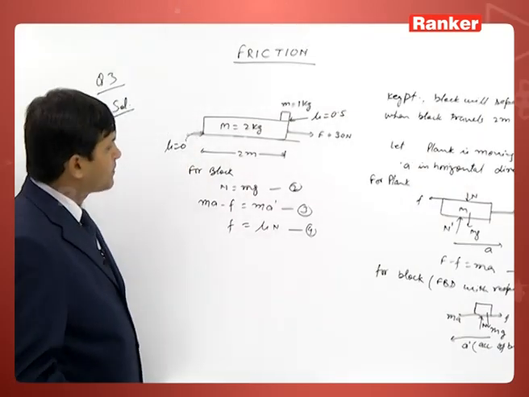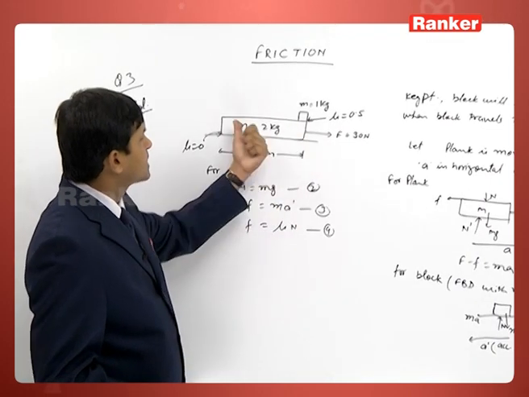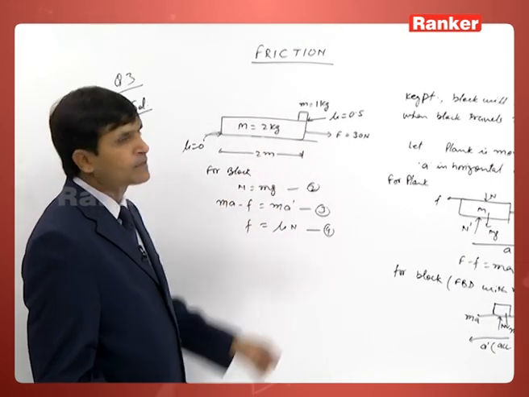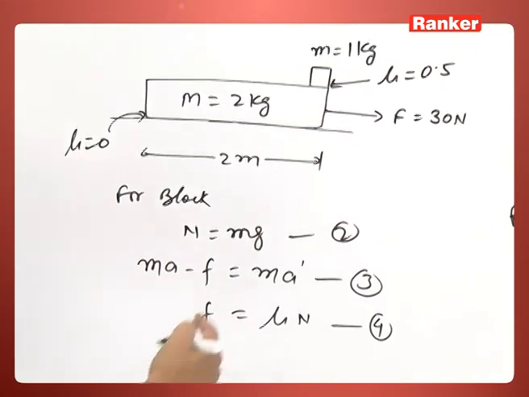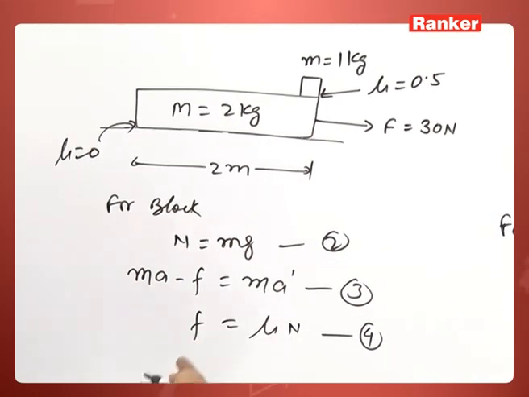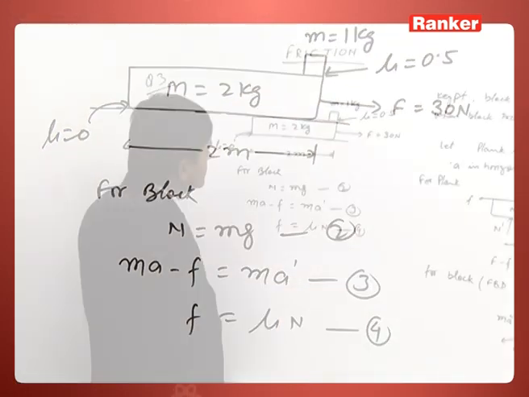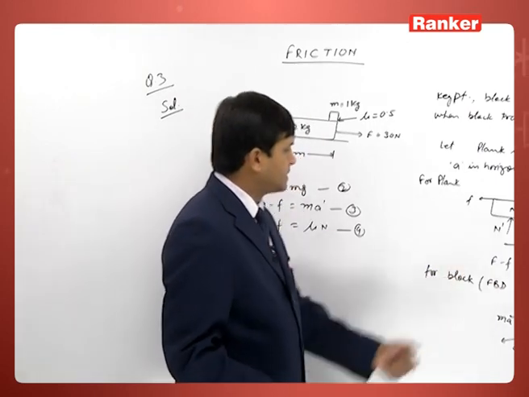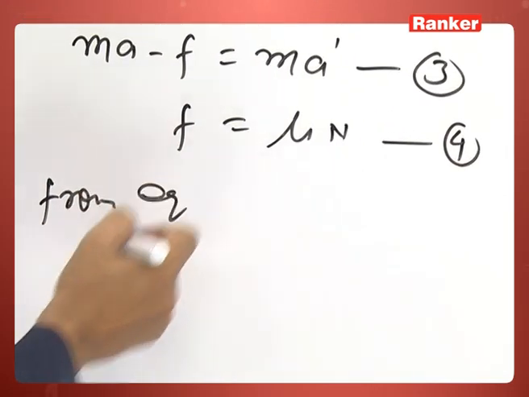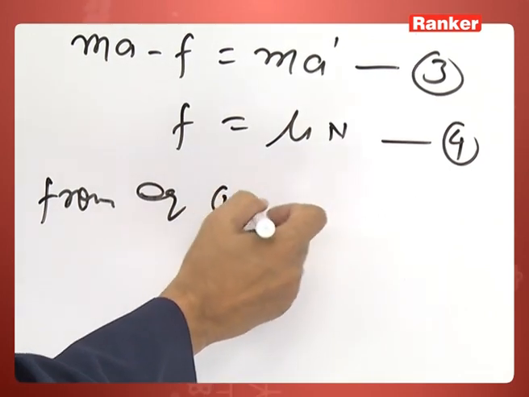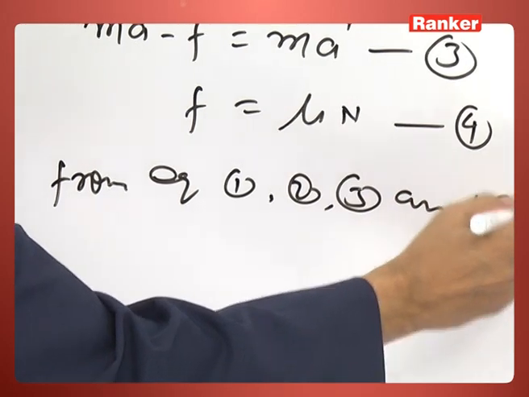So, first we will find the value of a dash, then only we can get the idea how much distance it will travel before falling from the plank. So, see, from equations 1, 2, 3 and 4, check it.